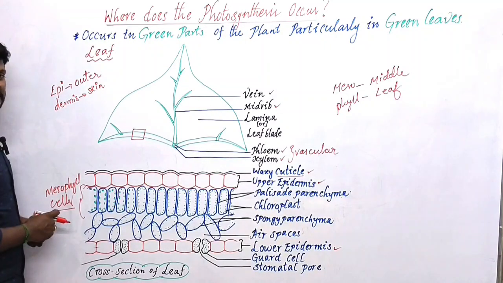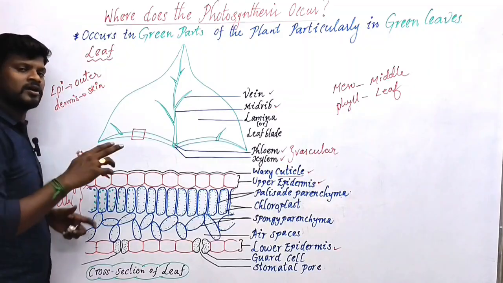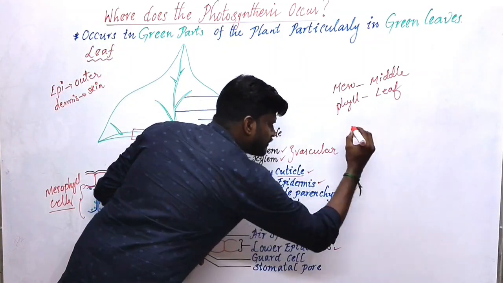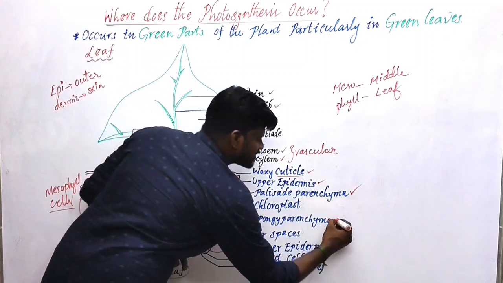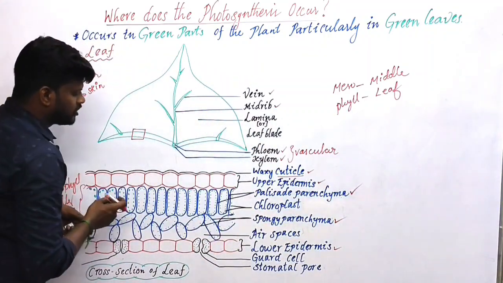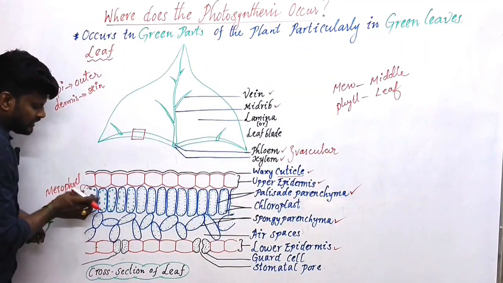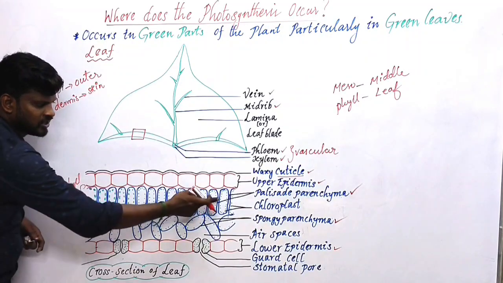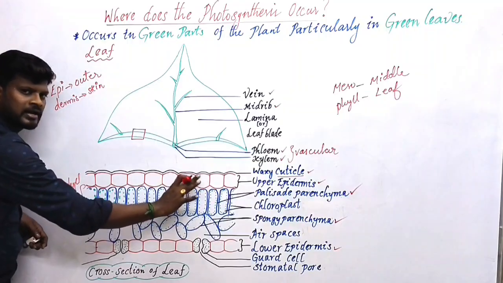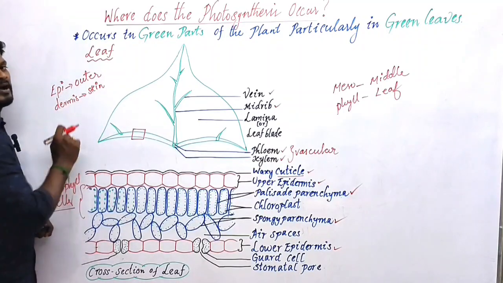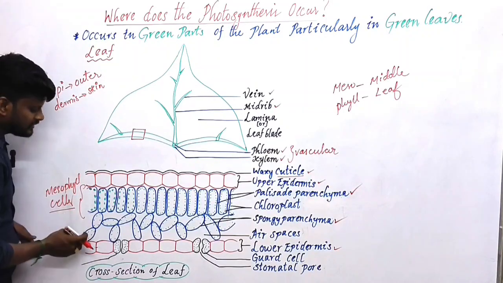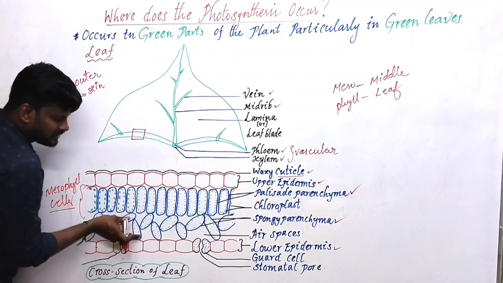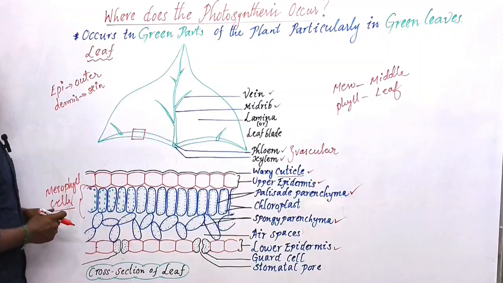These mesophyll cells are composed of two different types of cells. One is palisade parenchyma, another one is spongy parenchyma. So you can see here clearly the cells which are just below the upper epidermis, this row of cells, are called palisade parenchyma cells. And the cells just above the lower epidermis are spongy parenchyma.